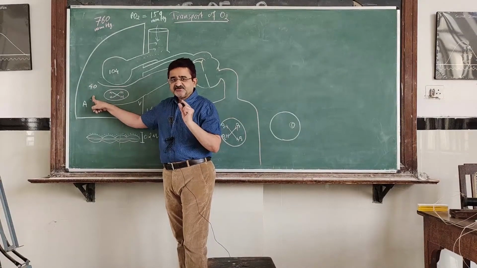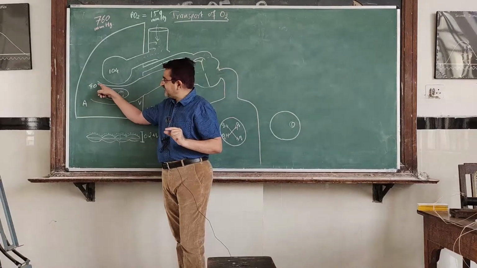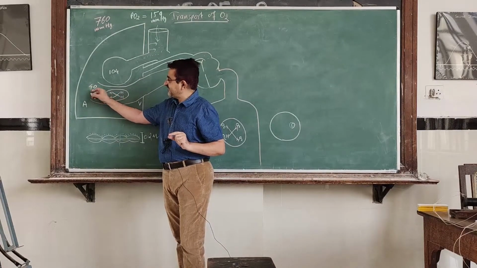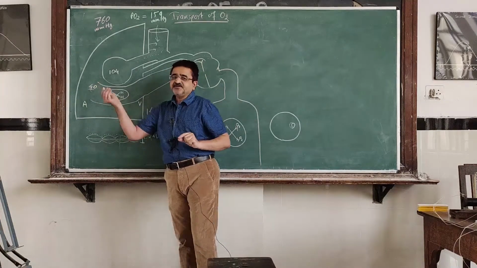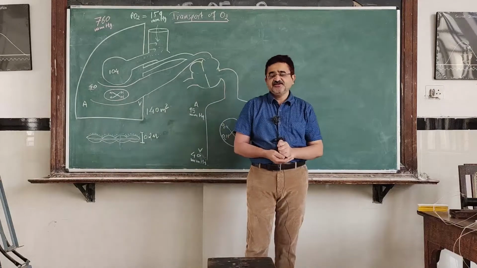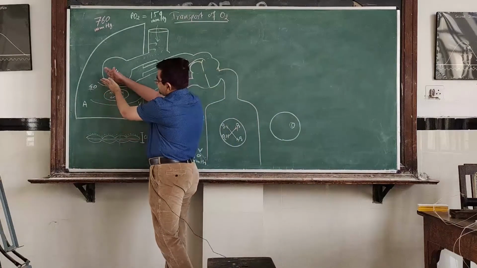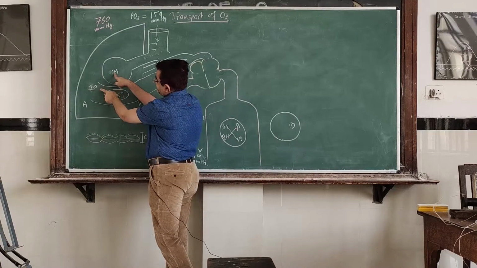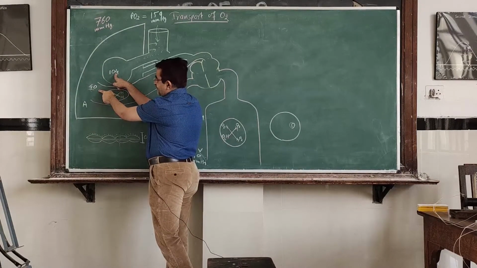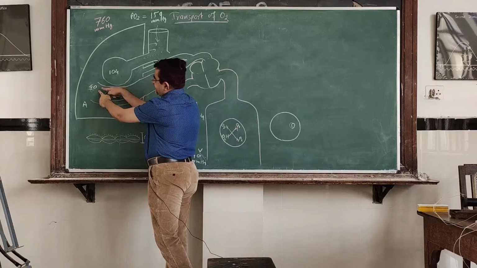If we measure the partial pressure of oxygen at the arterial end of the pulmonary capillary, it is 40 millimeter of mercury. So now it is very clear that across this respiratory membrane, a difference of partial pressure for oxygen is present, and it is 64 millimeter of mercury.